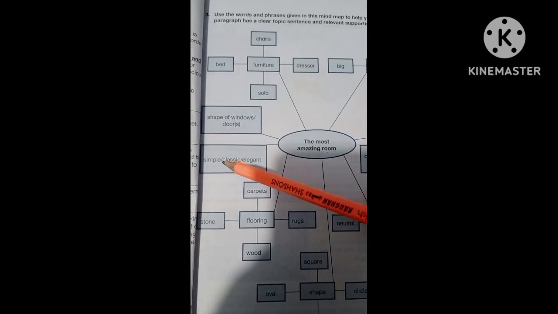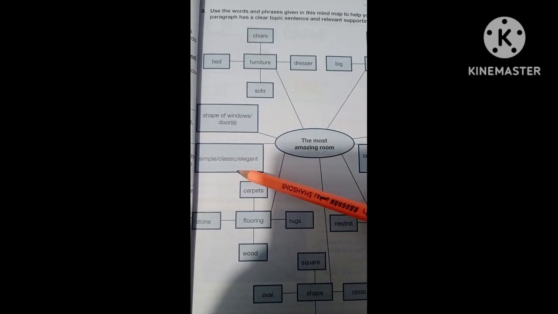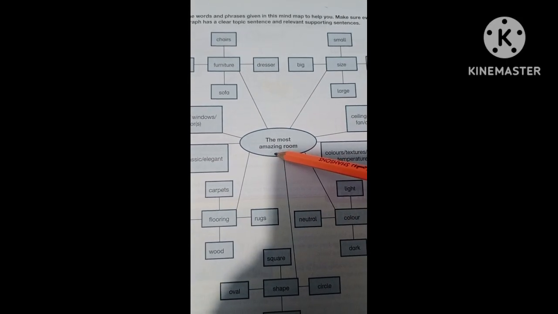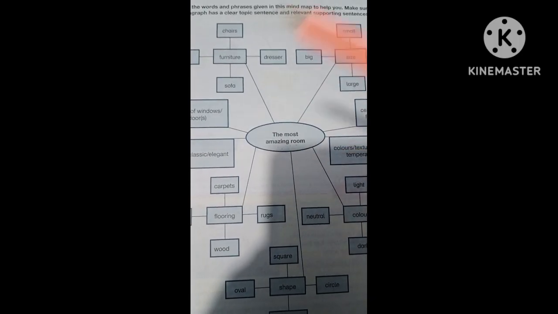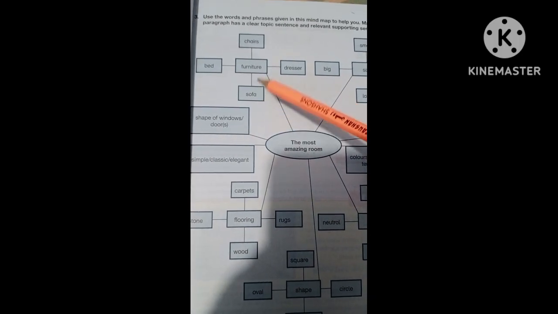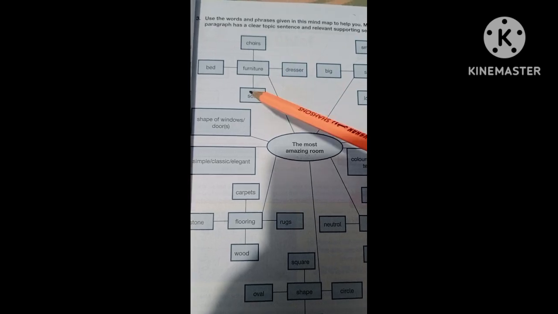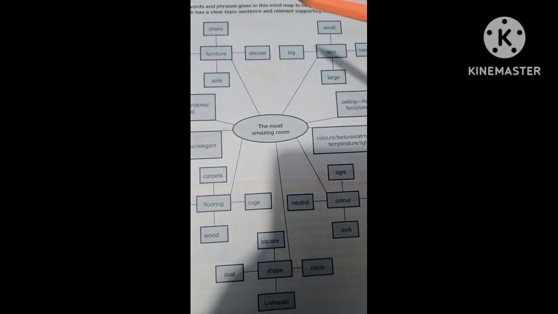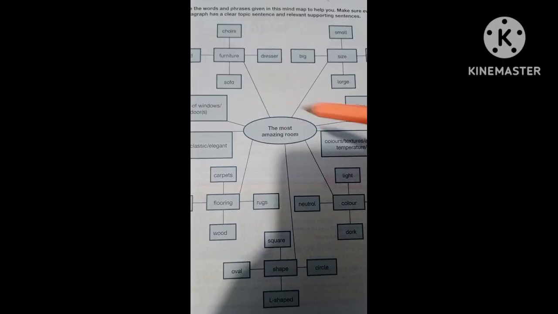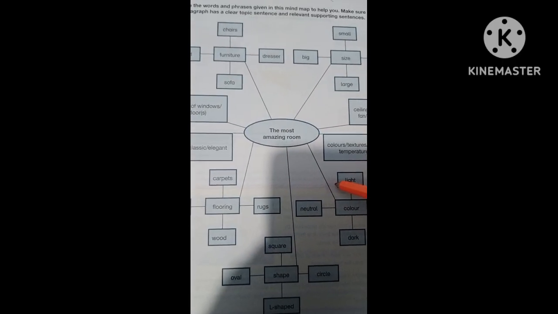It is a simple, classic and elegant room. It is a large, big room. Whatever you want. It has furniture like sofas, chairs and a bed. So you will utilize all these words and create a paragraph.